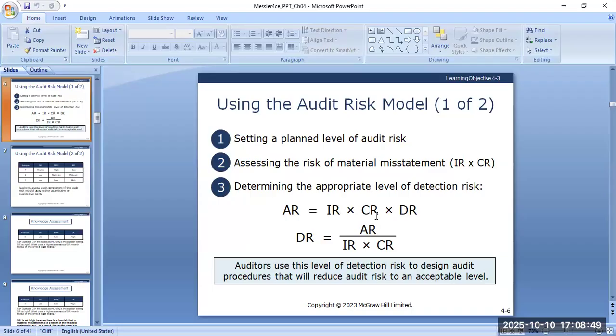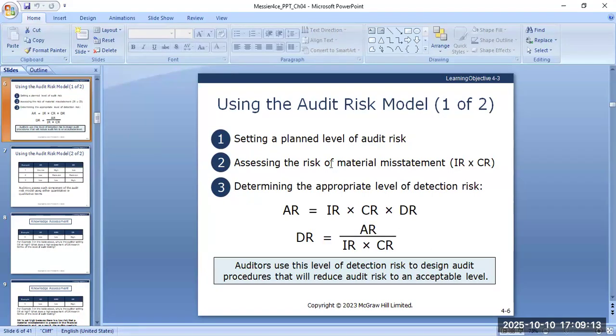And then we're going to work out to find out where our detection risk should be. So basically, the auditor uses the level of the detection risk to design the audit procedures, which will reduce the audit risk to the acceptable level.